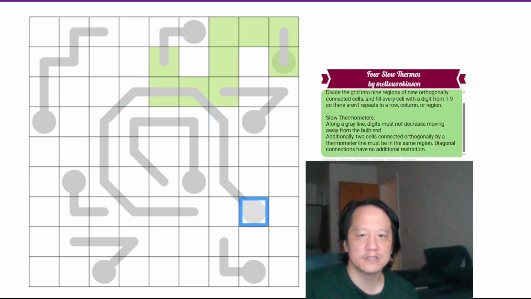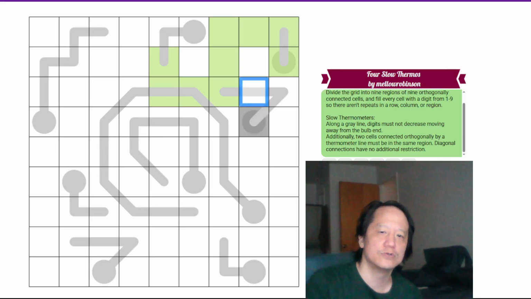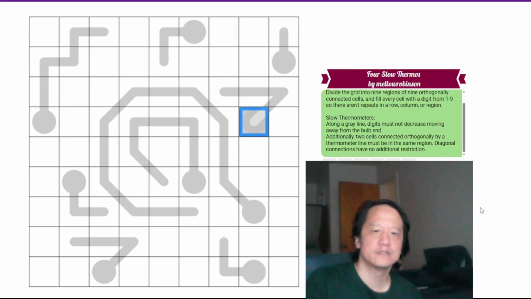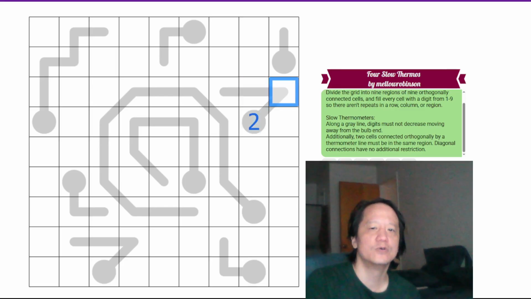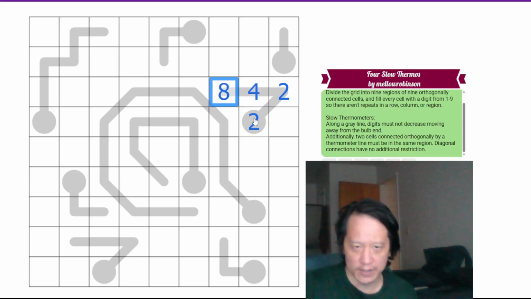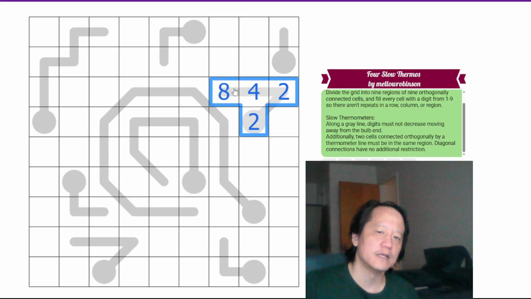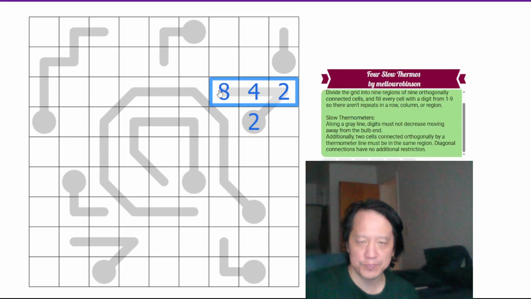So as an example, we could have something like 2, 2, 4, and 8. And this would be valid because this thermometer is not decreasing going from the bulb to the tip.